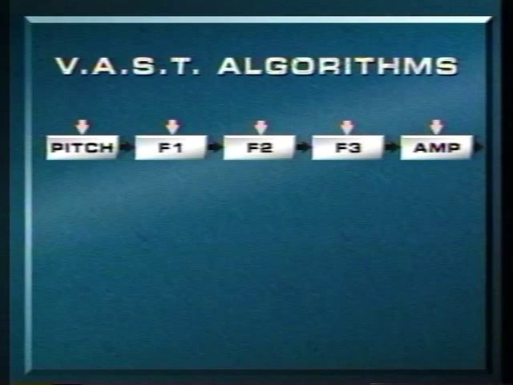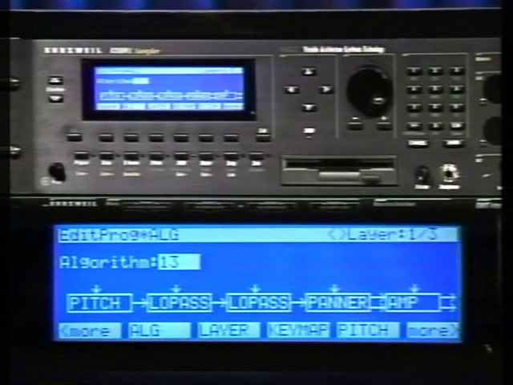You will also notice that there are 5 arrows above the boxes. Each arrow corresponds to a control page in the program editor, allowing you many real-time and fixed controls over each particular function. Since the first box is always labeled pitch, the control page soft button is also labeled pitch, which you will see as soon as you go into the program editor.